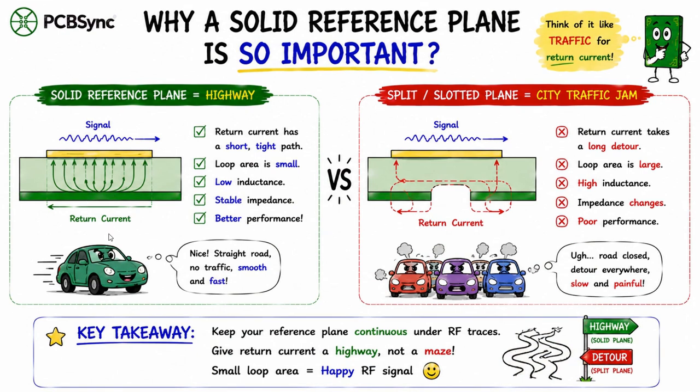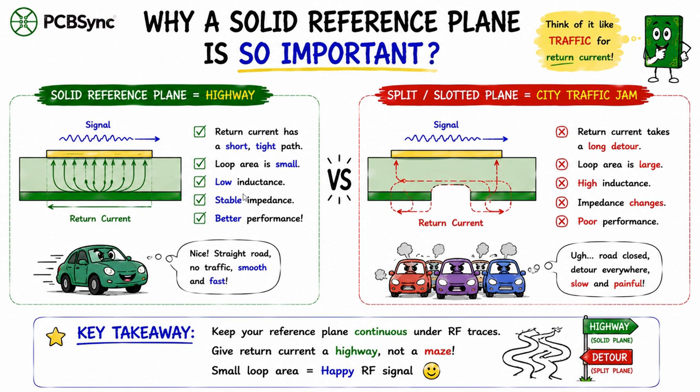Continuing with that navigation story from earlier, imagine you're on your way home. The road ahead is closed, there's construction behind you, and the bridge is out too. The navigation keeps frantically recalculating your route. Frustrating, right? That's what return current goes through every day. A complete reference ground is like a straight, high-speed highway. Smooth sailing all the way.